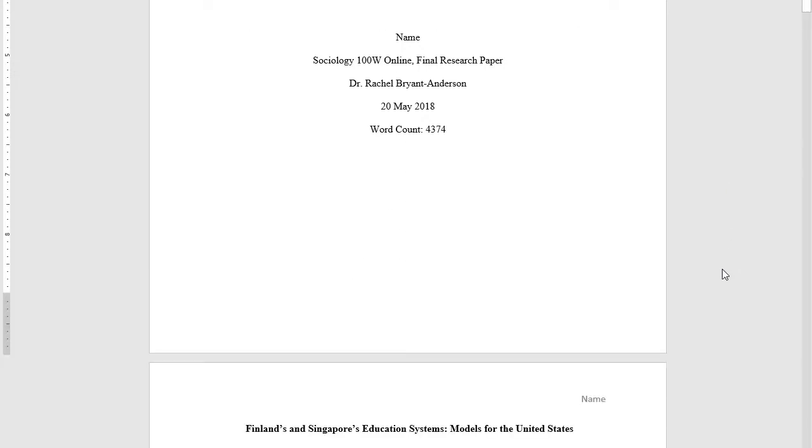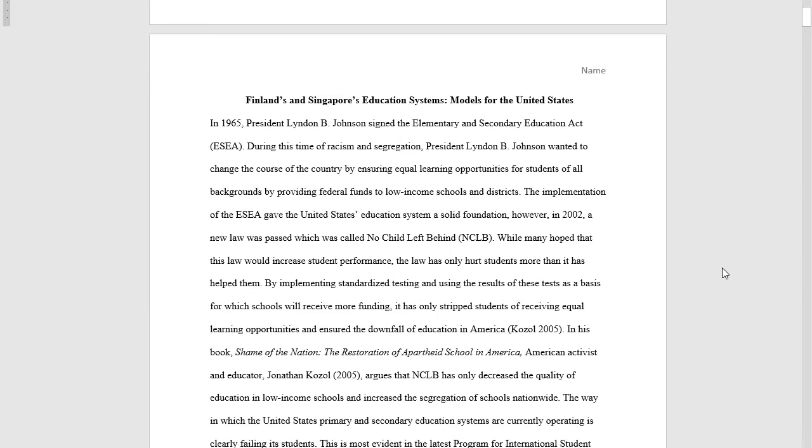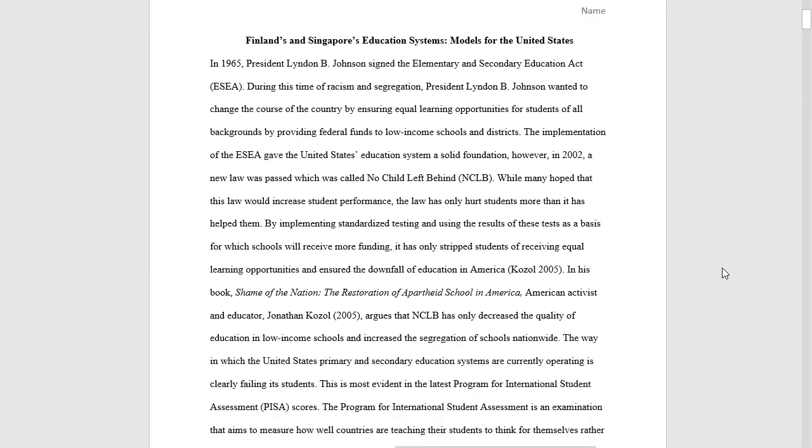So if we move down to the paper itself, it also starts with the title and then jumps into the introduction. There is no section header for the introduction, and that will be the only section in the paper that doesn't have a title to designate what the section is.